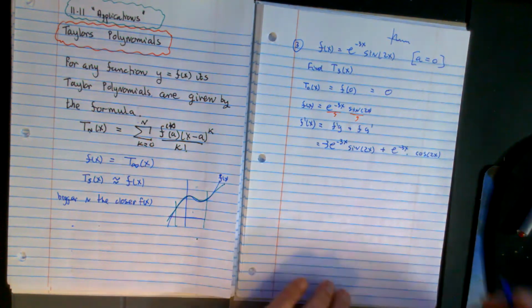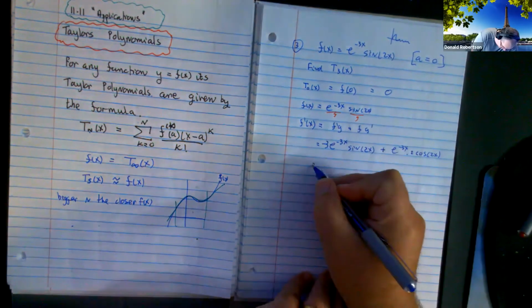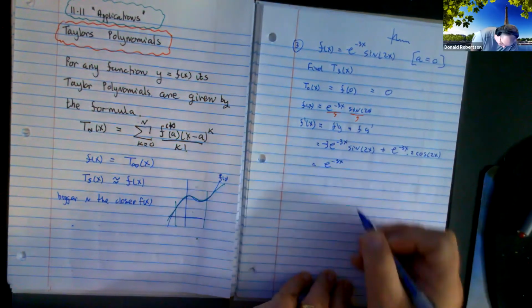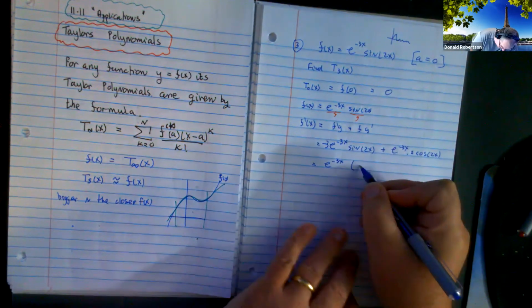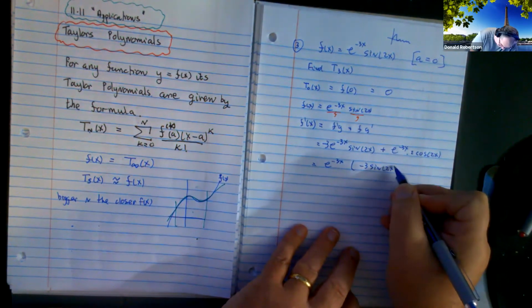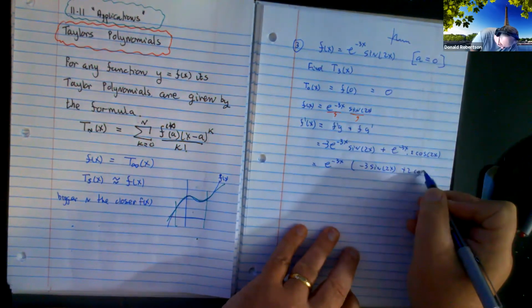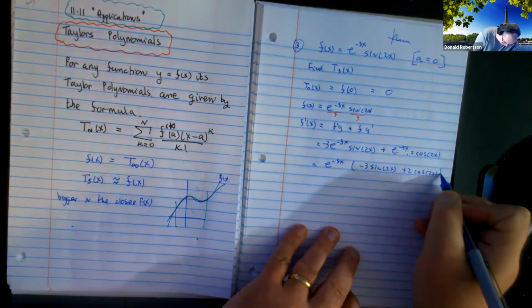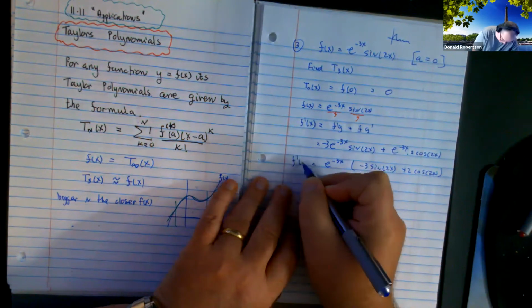Yeah. So I'm going to pull those guys together and have -3 sine of 2x plus 2 cosine of 2x. And that's f dashed of x.